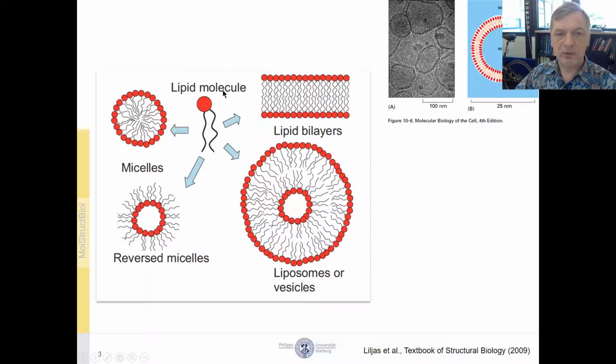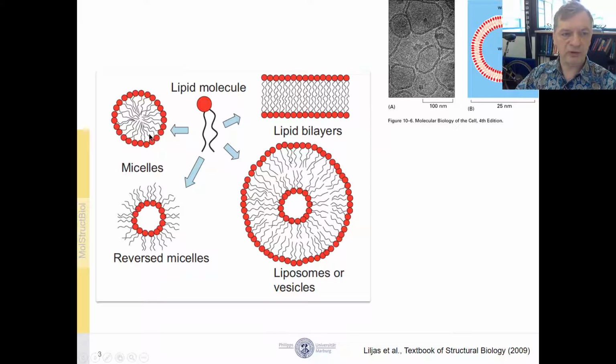They can be either in a soluble form, that depends on the so-called critical micellar concentration, CMC, which is the maximal concentration where I have the lipid molecules or the detergent molecules only residing as a monomer. At concentrations above the CMC, they start to aggregate.